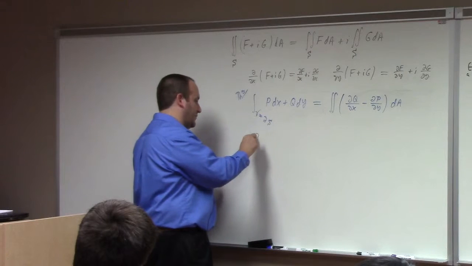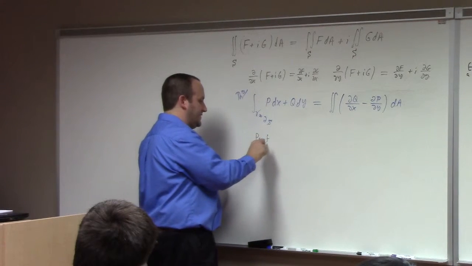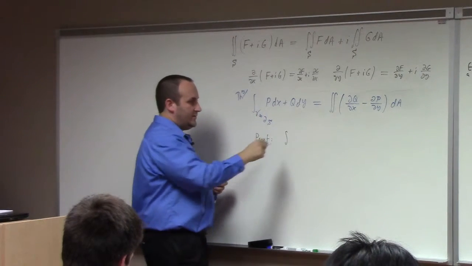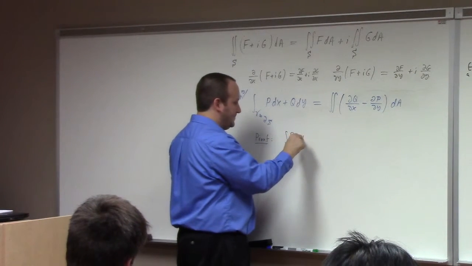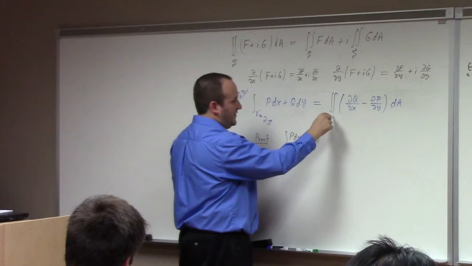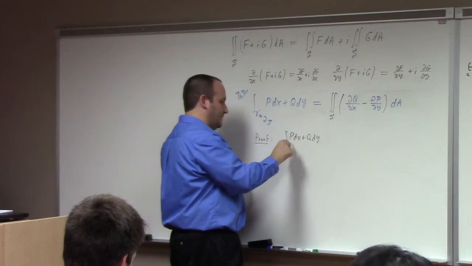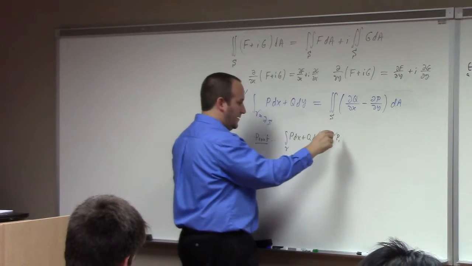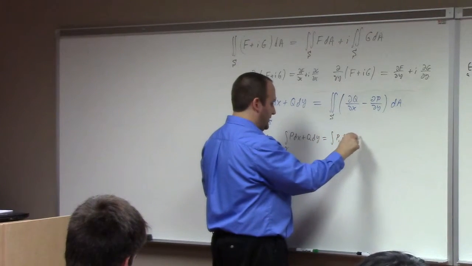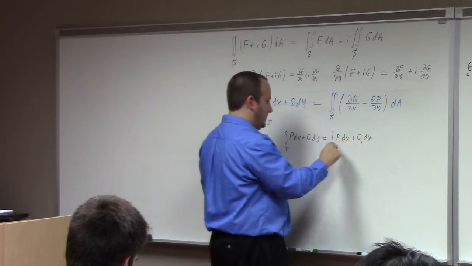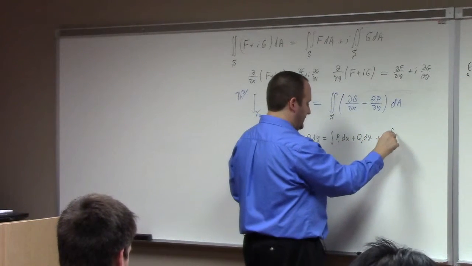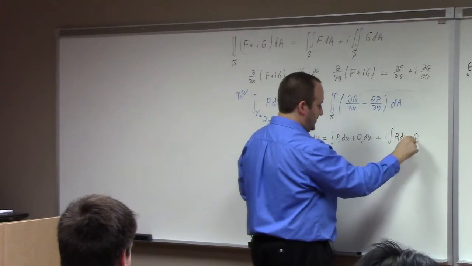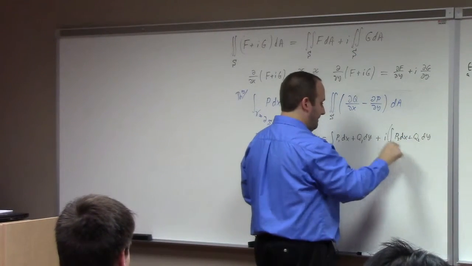So my proof is a little bit more boring in the following sense. So my proof is basically just this. If I take p dx plus q dy over gamma, what do I have? Well, this is the integral of p1 dx plus q1 dy plus i times the integral of p2 dx plus q2 dy, right?